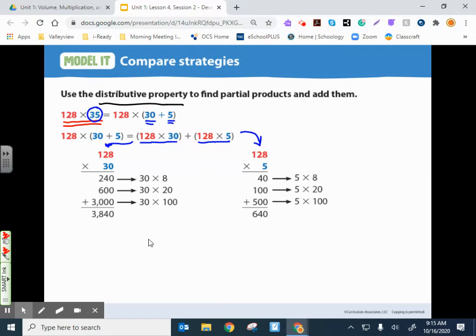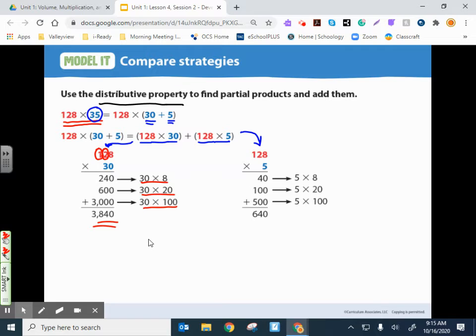And in doing so, you can do 30 times 8, and then do 30 times 20, because technically this 2 is a 20, and then 30 times 100, because this 1 is not just a 1, it actually represents 100. And that gives us a partial product of that.